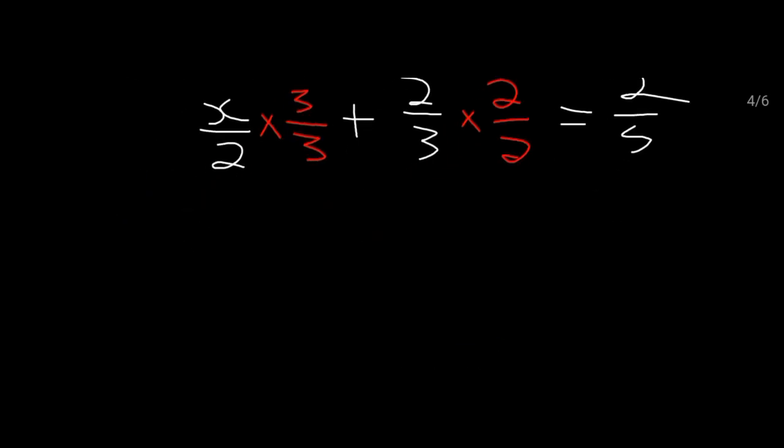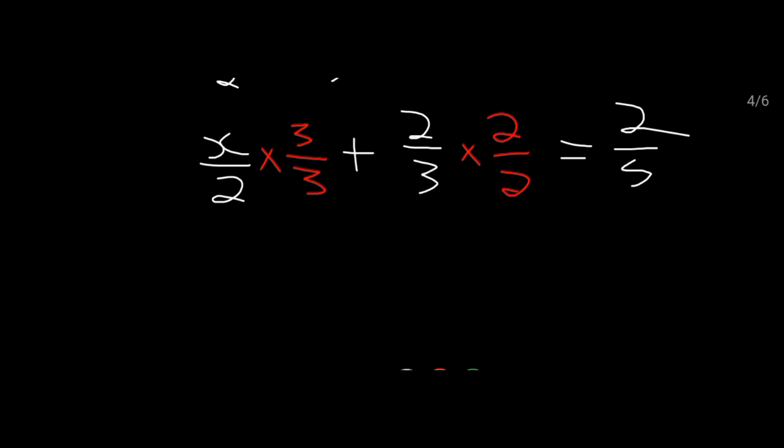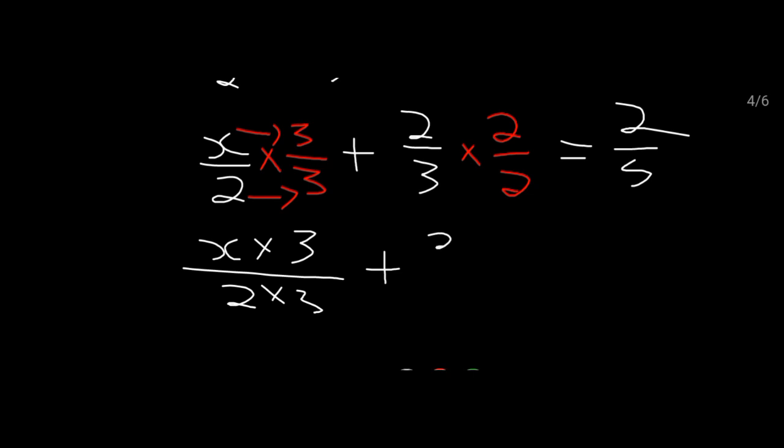So now we will multiply, remember to multiply the fractions with the multiplier horizontally. So we have x multiplied by 3 over 2 multiplied by 3 plus 2 multiplied by 2 over 3 multiplied by 2 equal to 2 over 5.